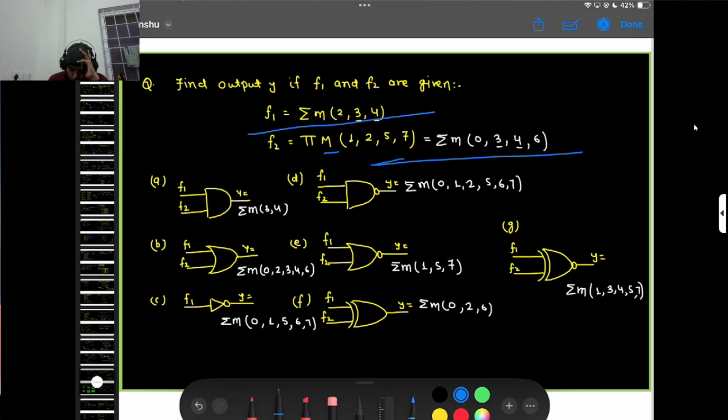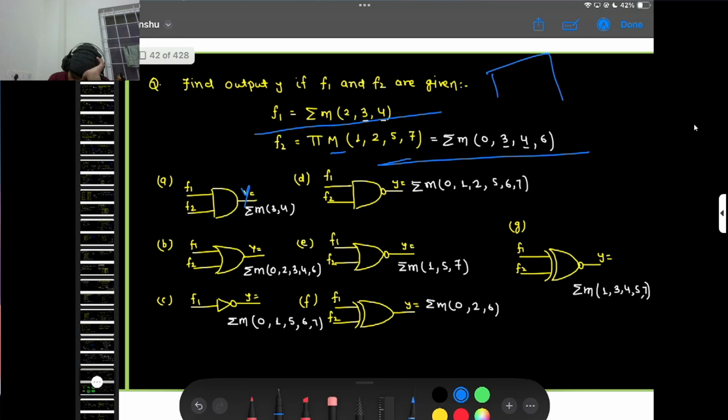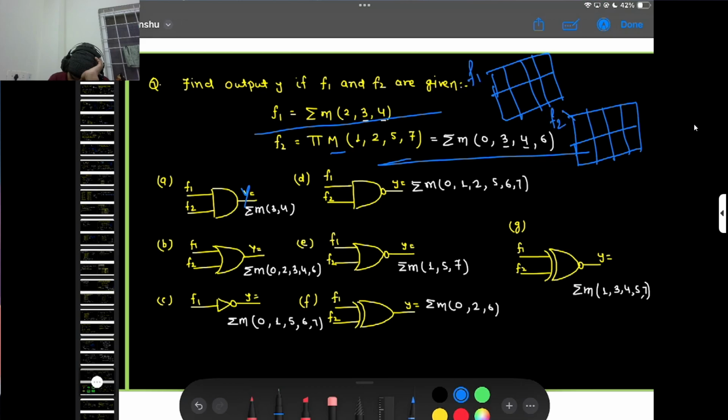So F1 and F2, find output Y. So if I go through K-map, for F1 the K-map is here, and here is my F2, and this is my F1.